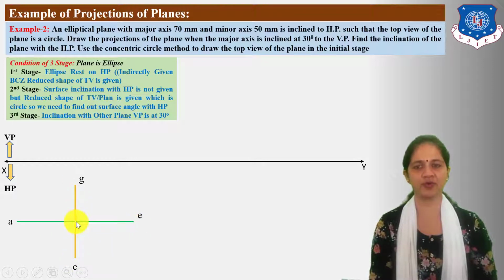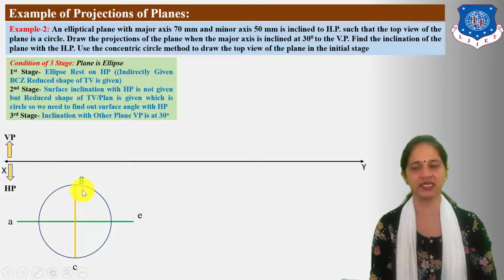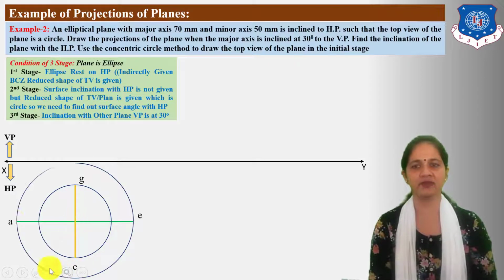Now from this center point, draw one circle which covers the minor axis points C, G. Next, draw a concentric circle from this center point which covers the major axis points A, E. Next, divide this circle into equal 8 parts at 45 degree angle.